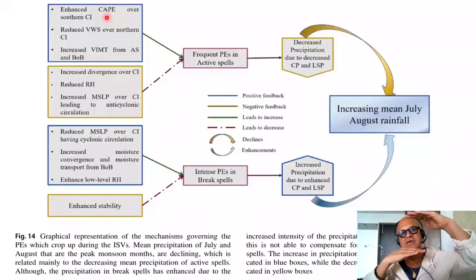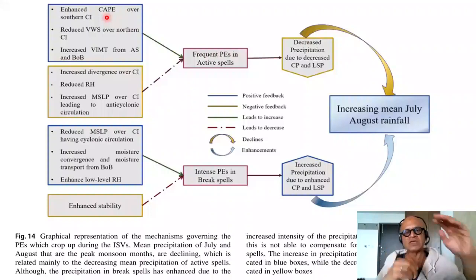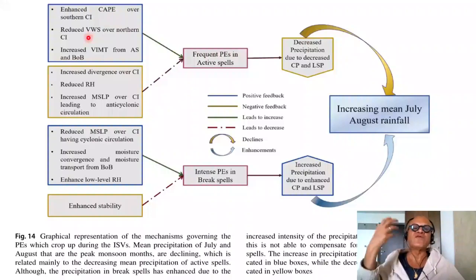So generally CAPE is averaged buoyancy of that sort from the level of free convection to the equilibrium level. Don't worry about it if you don't get the details. It's an indication of driving convection because of this convectively available potential energy. So potential energy is converted into convective kinetic energy.